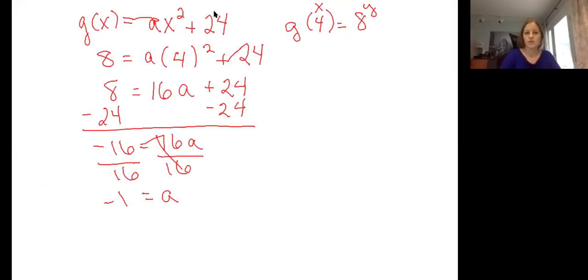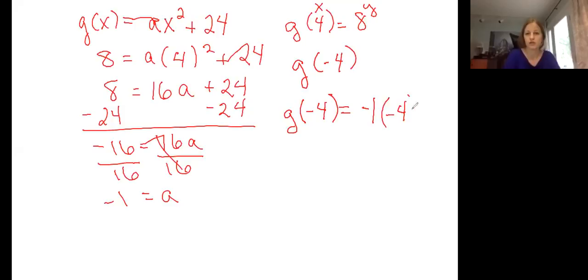So we have a equals negative 1, right? So we want to know what is g of negative 4. So now we're going to go back to our function here. So g of x, that's what we don't know. We want to know g of negative 4. We know now that a equals negative 1. So where I see a, I can plug in negative 1. We also know that the x we're looking for is negative 4.